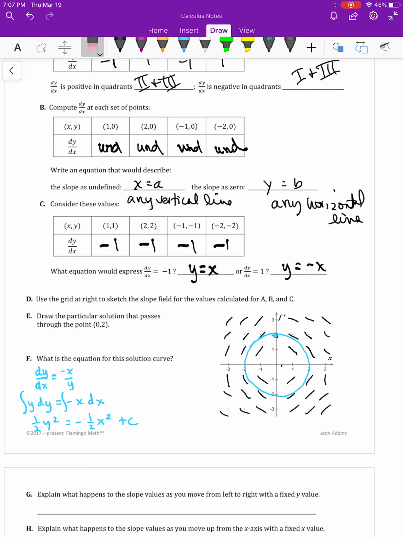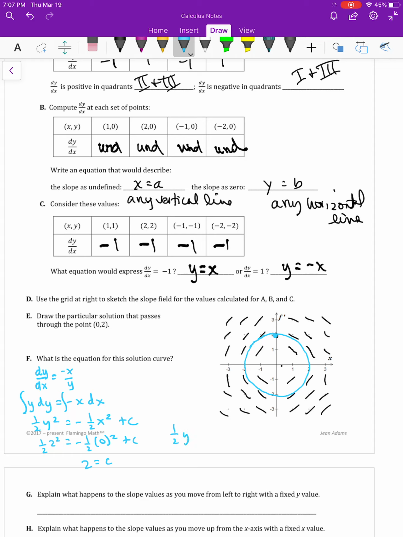We can put our point in, x is 0 and y is 2, so 1/2 times 2 squared equals negative 1/2 times 0 squared plus c. So our c is 2.